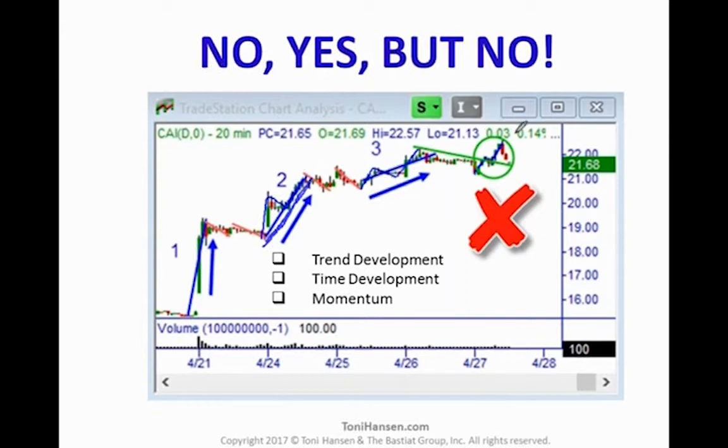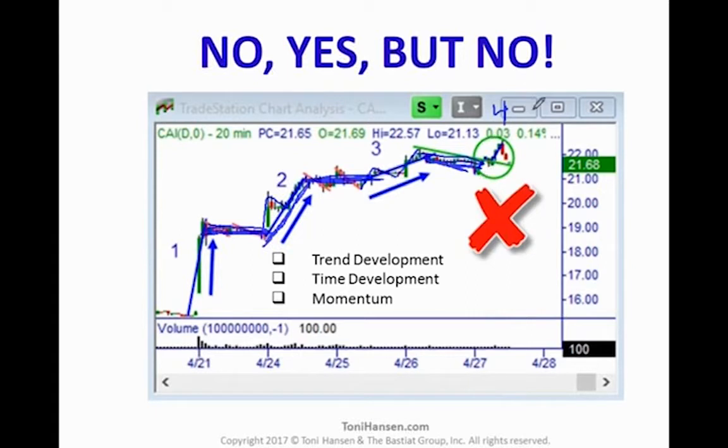And when you have 3 to the upside, if you get an attempt at a fourth one where you had comparable periods of time development, where the time between 1 and 2 and 3 is very similar, and then you end up with a similar time development between 3 and going into what could be 4, well, you're looking at something that is very likely to be a trap. It's going to have a very hard time getting going.